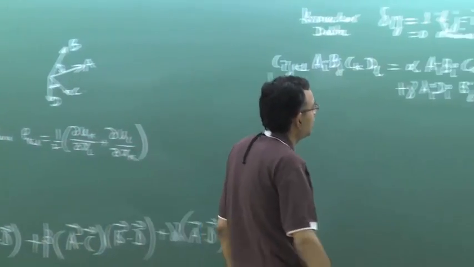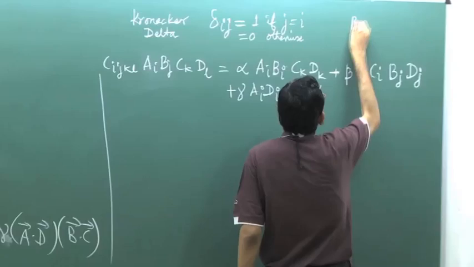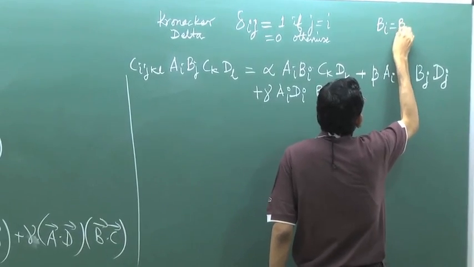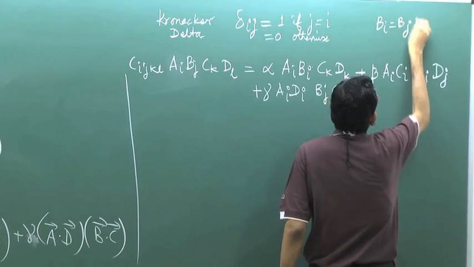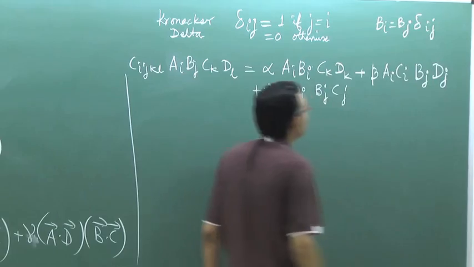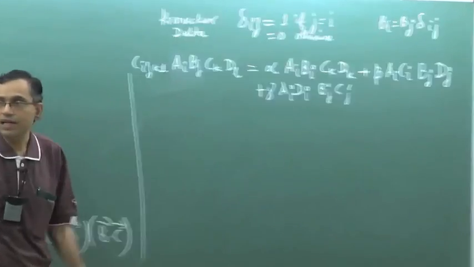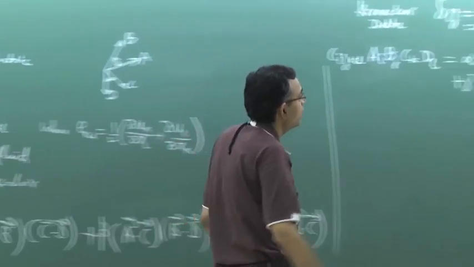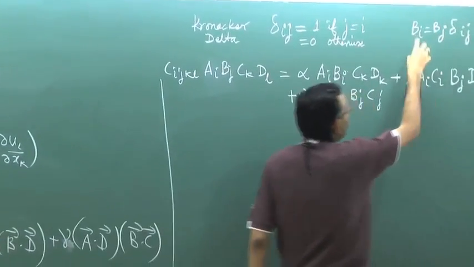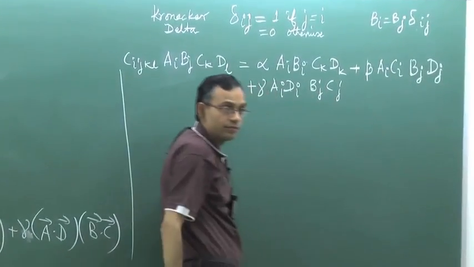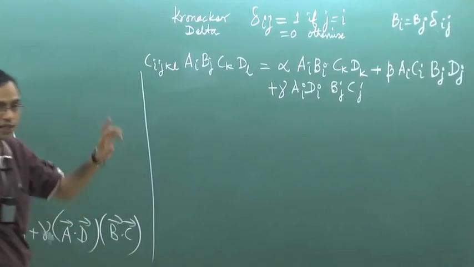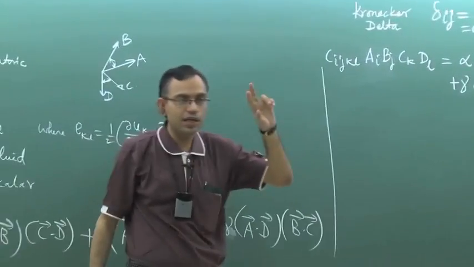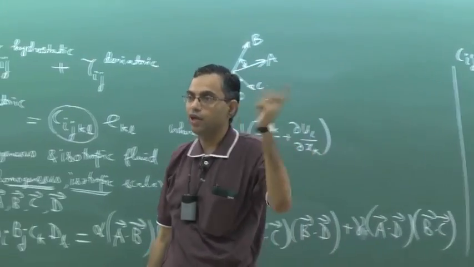So you can write B_i is equal to B_j into delta ij. Why? Because delta ij is equal to 1 if j is equal to i. When j becomes i, B_j will become B_i and this will become 1. So you can see this is how you can switch an index from one to the other.